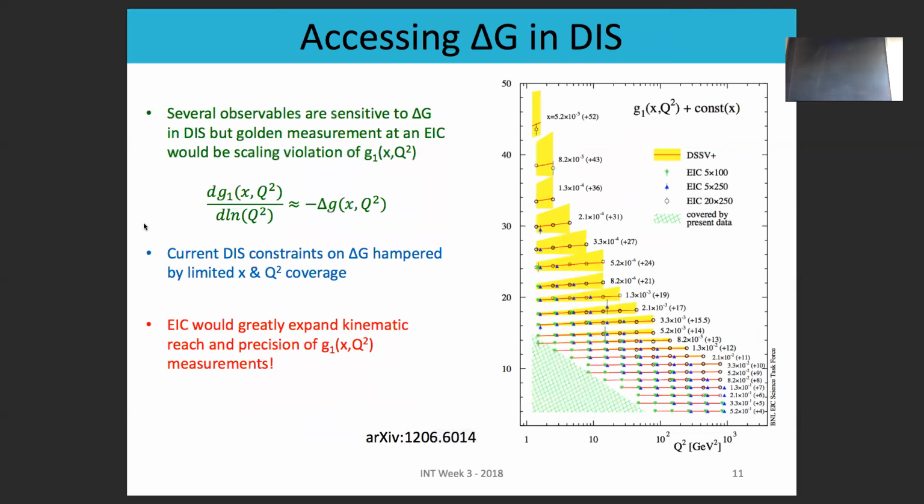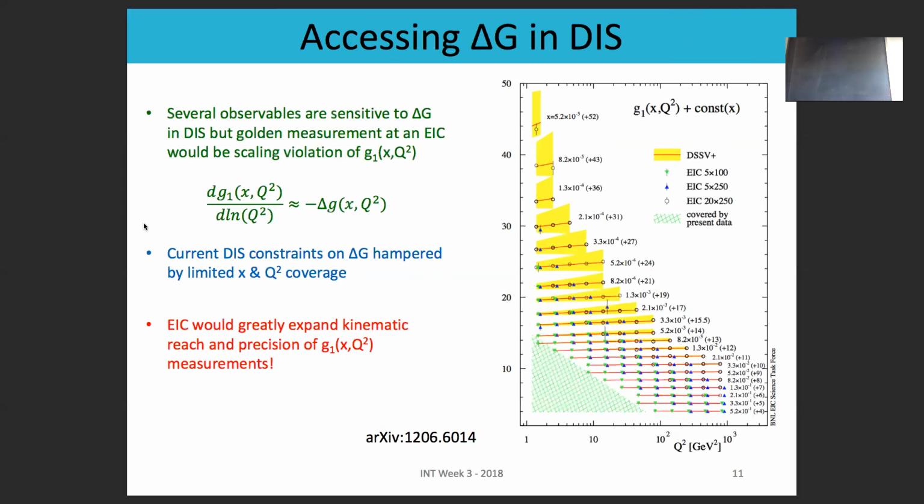All right, so now I want to switch gears a little bit and talk about this analysis we were thinking about, looking at Dijets to take the photon gluon fusion process and get a look at delta G. Just kind of an introduction, seeing as this is the Helicity week.